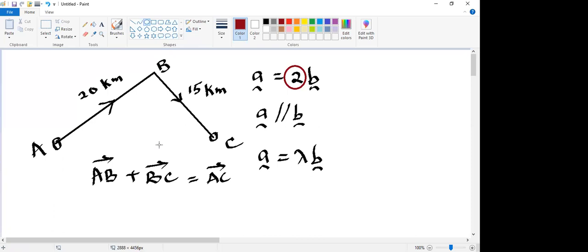Even when vectors are equal in magnitude, they could be equal and opposite: parallel, but one acting in a direction opposite to the other.